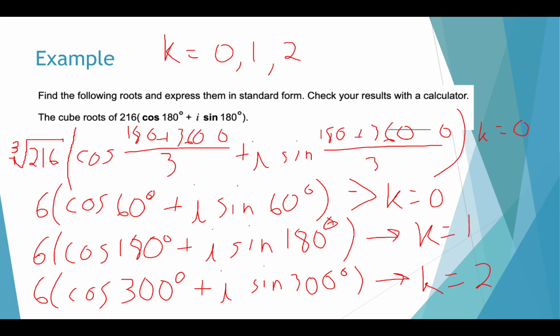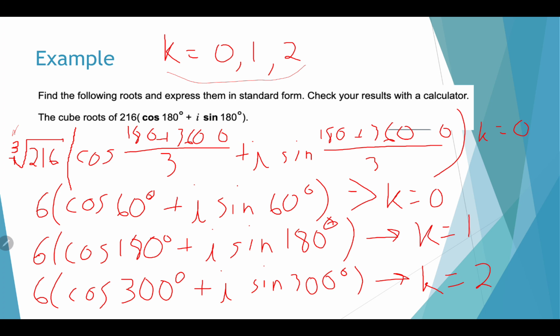So here they all are. I do the cube root of 216. For this 0th one, these would be my k's, right? So 180 over 3, because it's the cube root, and then i sine 180 over 3.